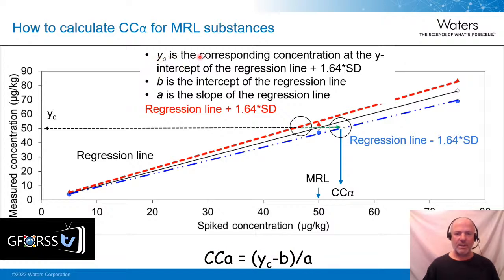So the YC is the corresponding concentration at the y-intercept of the regression line plus the reproducibility. So if we take the regression line with the reproducibility and we look for where it intercepts, we get YC. B is the intercept of the regression line, and A is the slope of the regression line.